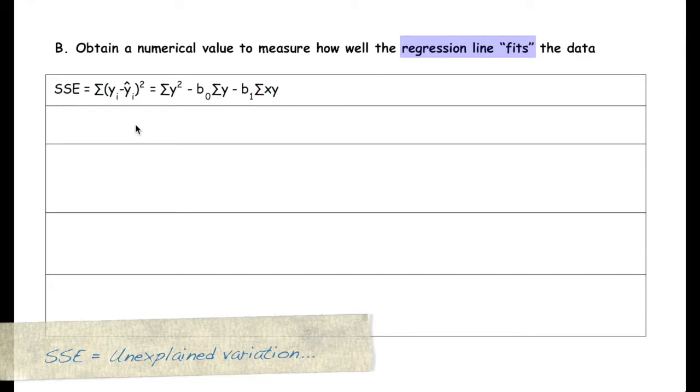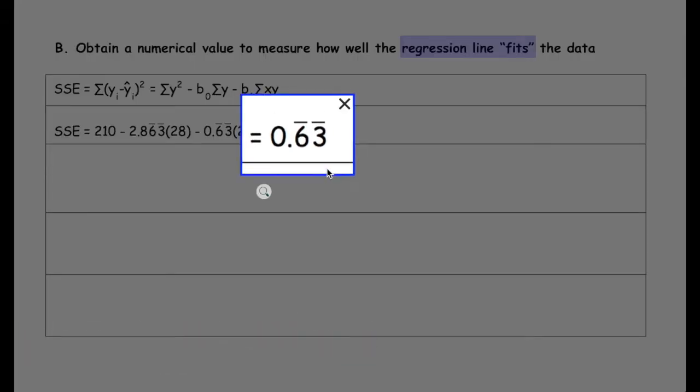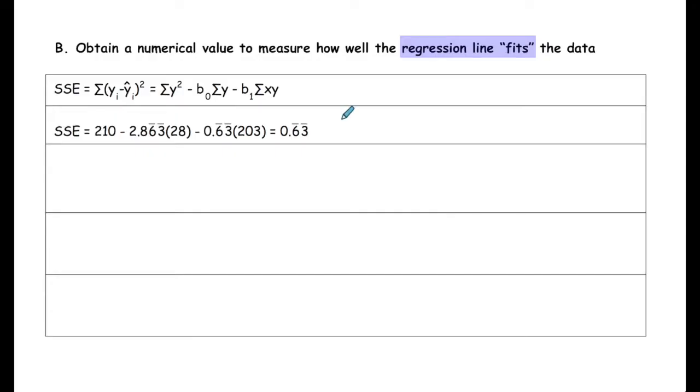And so if we plug those values in, the answer that we get for SSE happens to also be 0.6363 repeated. Now it's simply a coincidence that SSE happens to be the same answer as the slope. That doesn't always have to be the case. Once we've found SSE, we can now find S, the standard error of the residual.